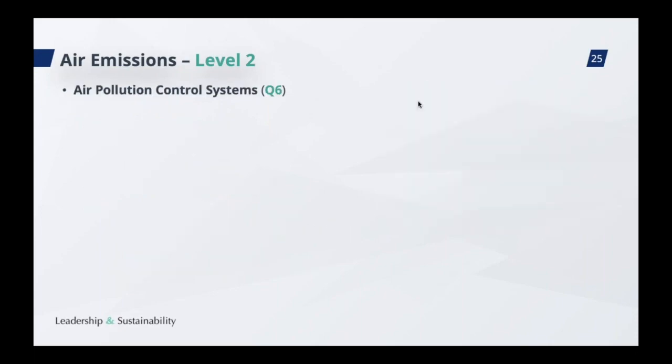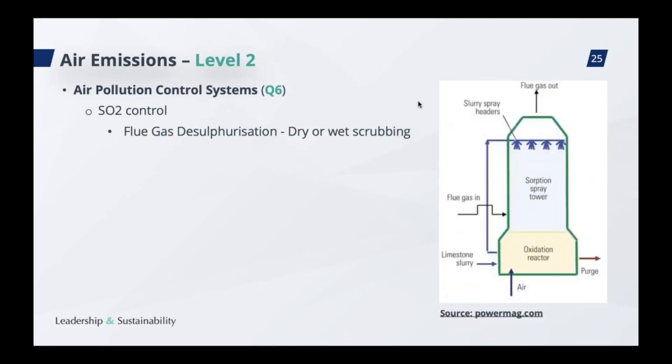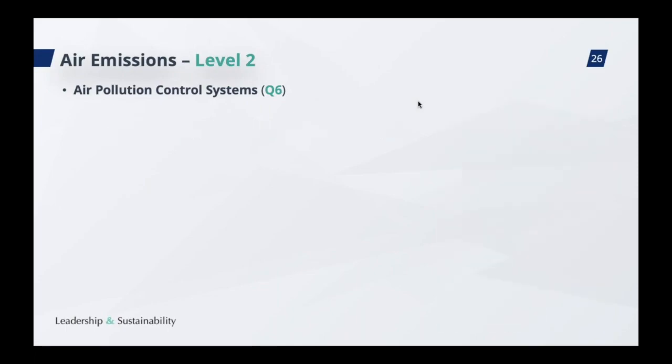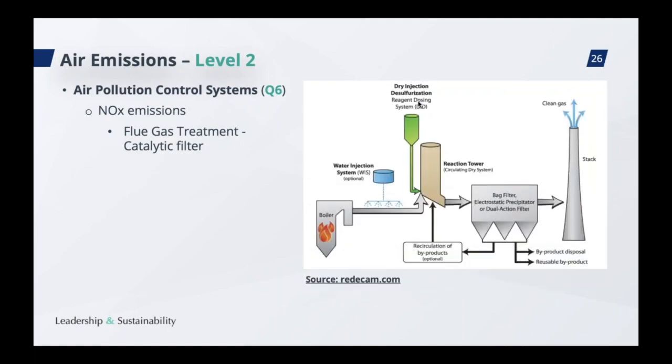Furthermore, I would like to give you an overview of certain air pollution control systems, starting with sulfur dioxide control: flue gas desulfurization, dry or wet scrubbing. For NOx emissions, there is the possibility of flue gas treatment, catalytic filter, as you can see in the picture on the right.